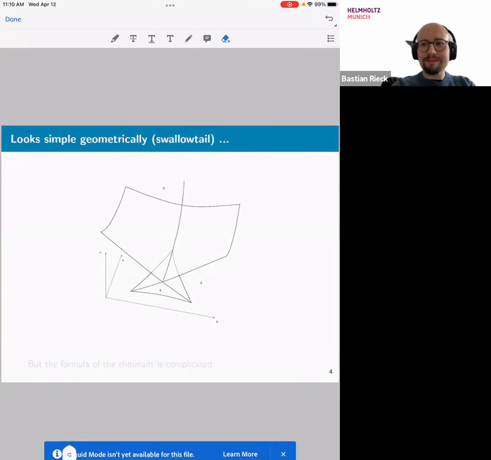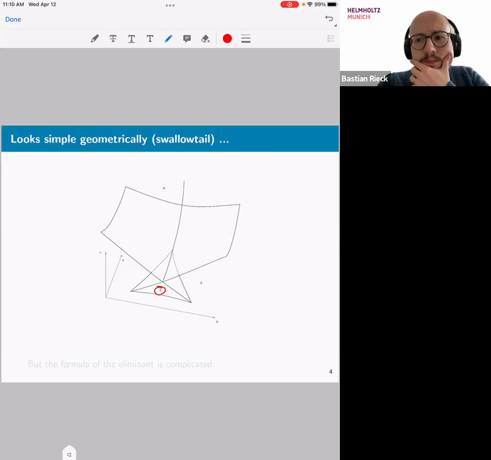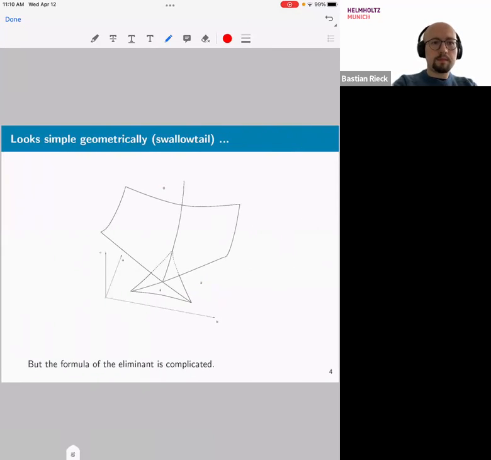Inside this region here, the number of real roots is 4. Inside here, the number of real roots is 2, and the number of real roots is 0. But to describe the union of those two regions where there are real roots, it needs a complicated formula involving other inequalities that I displayed in the last slide.